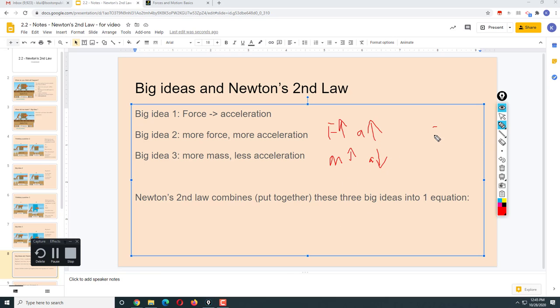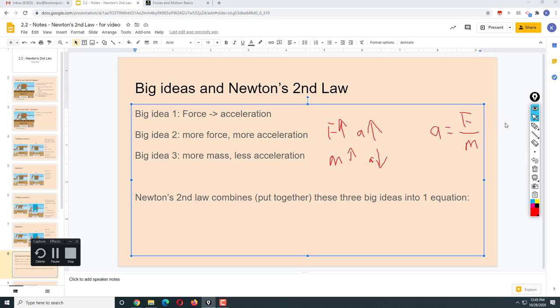In fact, we can put this together and say that A should be force divided by mass, because when F gets bigger on top, the fraction gets bigger. When M gets bigger on the bottom, the fraction gets smaller. So A should be F over M. More commonly, people usually do this. We multiply both sides by mass, and we get F equals ma.